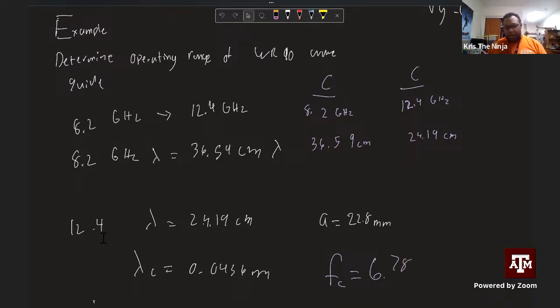So if we do the speed of light divided by that, alpha C divided by 6.78 times 10 to the 9th, you get 44 centimeters.